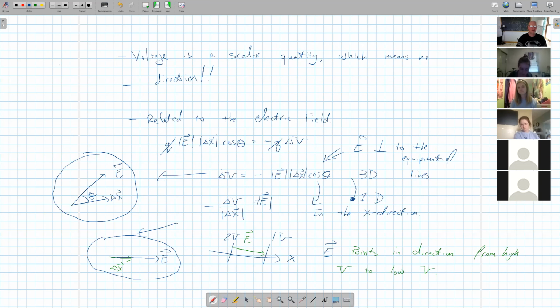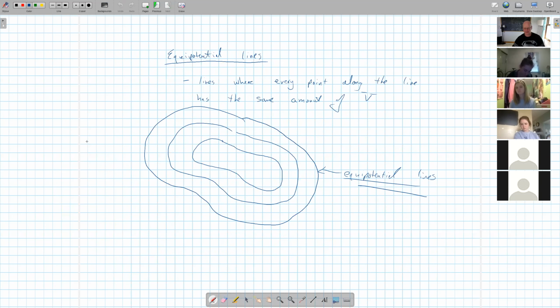So once I know what my equipotential lines look like, my electric field at all points is perpendicular to these lines. Okay. So these are going to be my electric fields. Everywhere along here, my electric field will be pointing perpendicular to all of these lines.